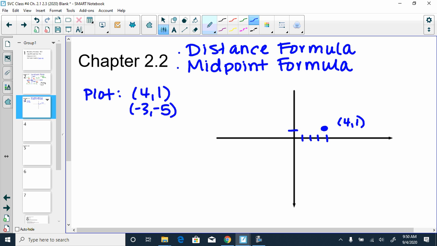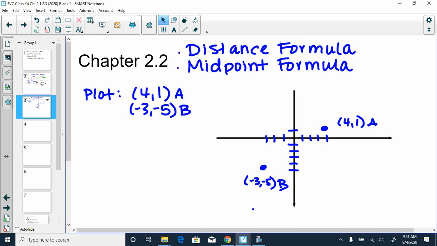And the other one is -3, -5. No, a little off. Let's go down. Okay. All right. And just for reference, I'll go ahead and call this point A, and I'll call this point B. So when I'm talking, you know what I'm talking about. Okay, so you have point A and you have point B on there.